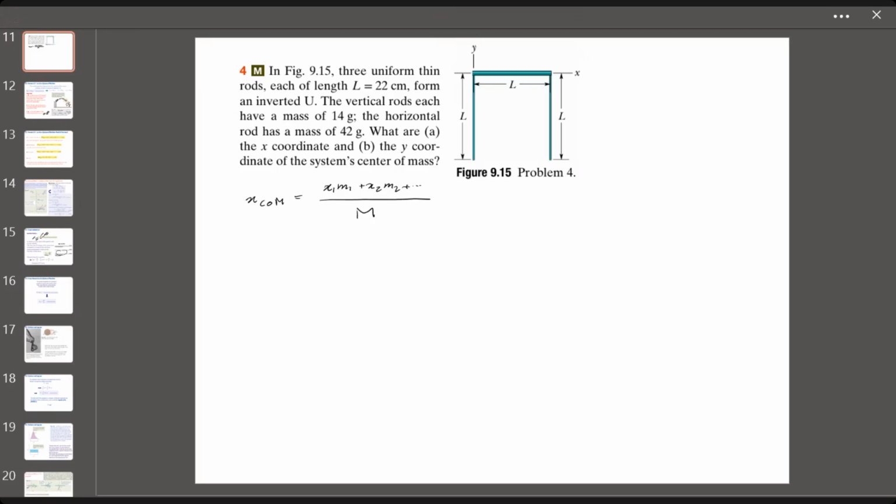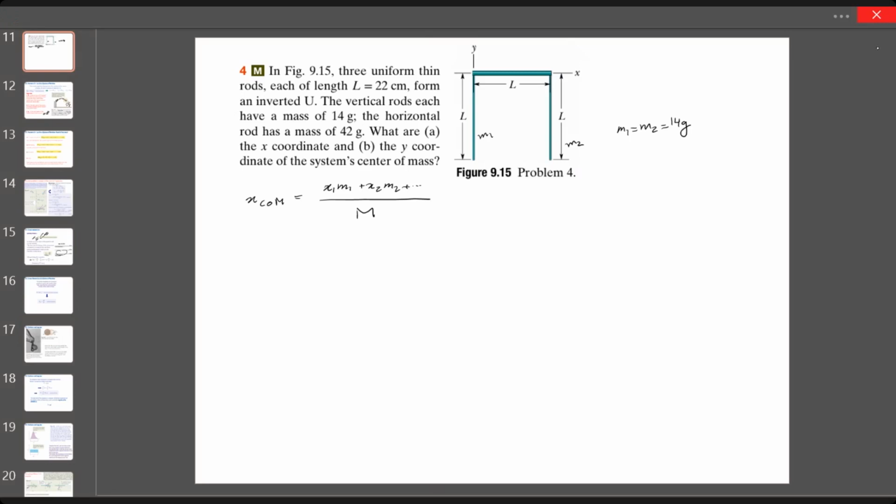We have three uniform thin rods, each of length L equals 22 centimeters. They form an inverted U. The vertical rods each have a mass of 14 grams. Let's label these as M1 and M2. So M1 equals M2 equals 14 grams.